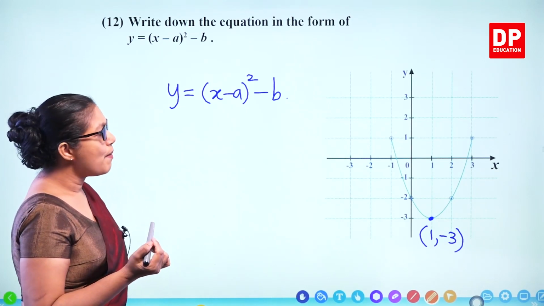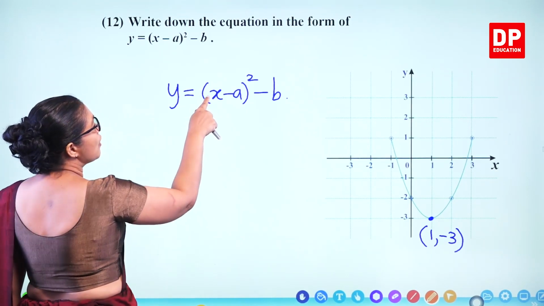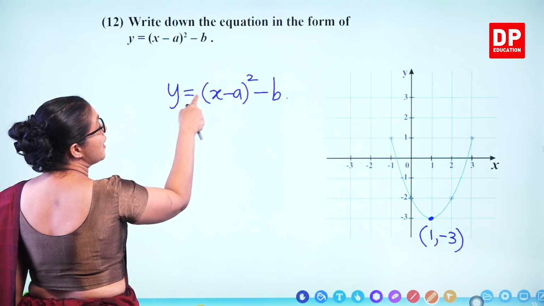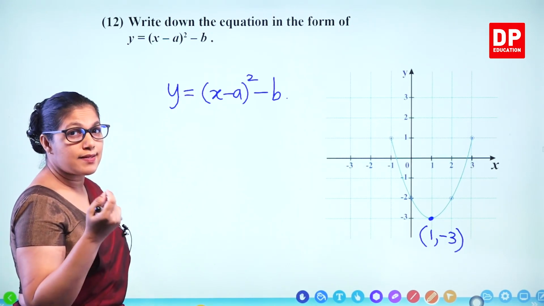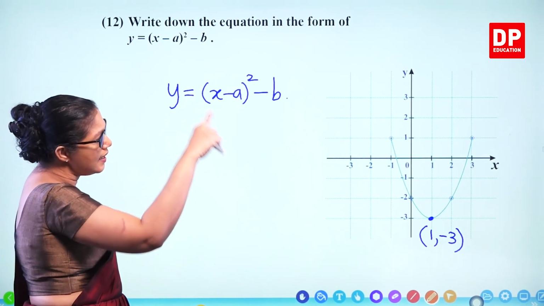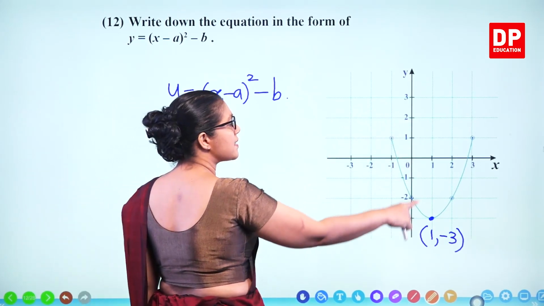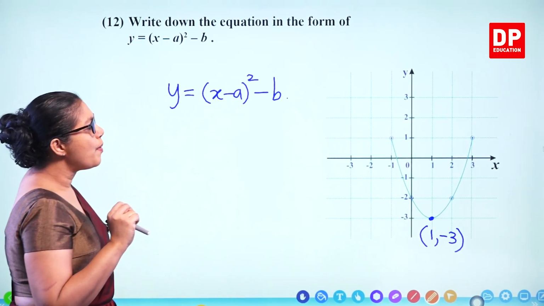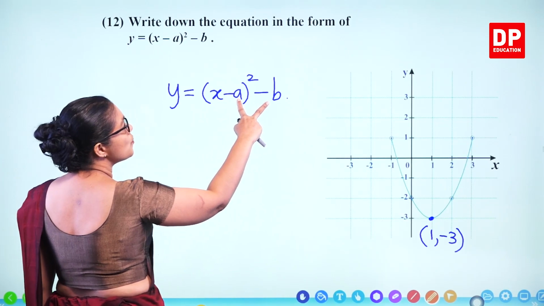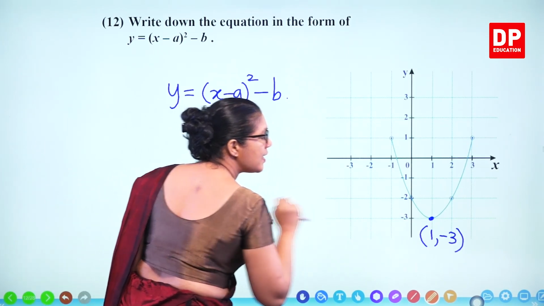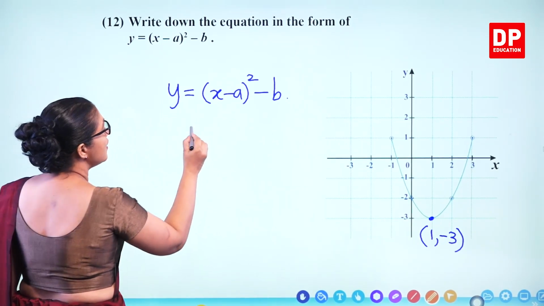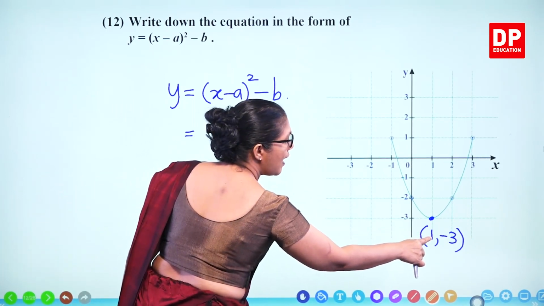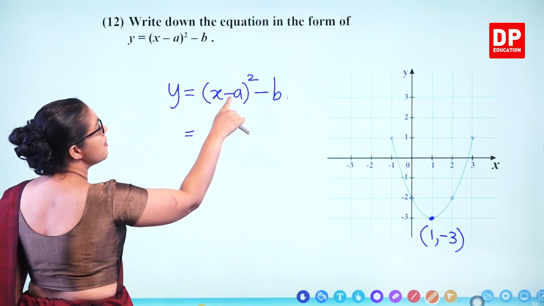This is a minimum value because this is positive. If you get a negative value here as the x squared value, you get the other way around, so you get a maximum value. So how do we write down this one, these two numbers with the vertex point? The x value here comes here with the minus sign.